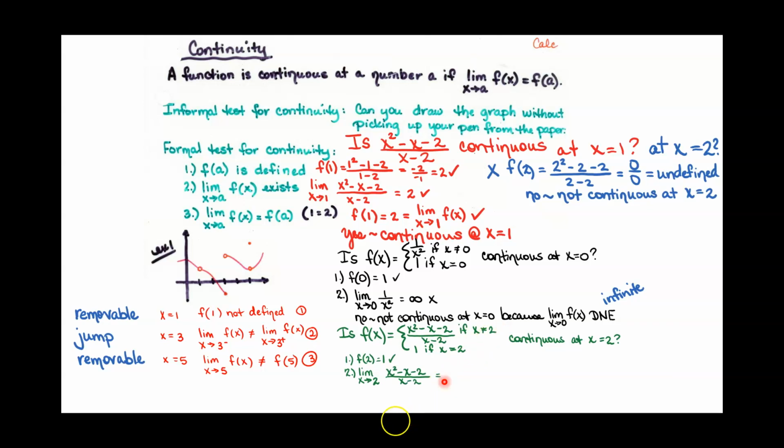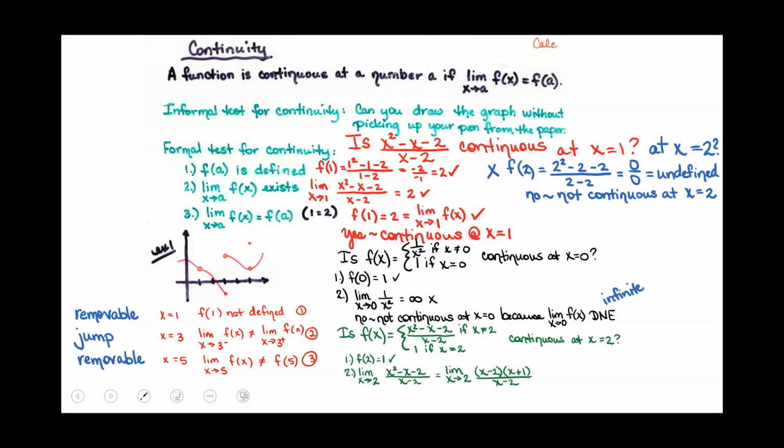Okay, so this is a rational function, and so to find the limit, I can use direct substitution. However, when I do direct substitution, when I plug that 2 in, I'm going to get 0 in the denominator. So does that mean the limit doesn't exist? No, it just means that I might need to do some factoring and canceling or something that will simplify it.